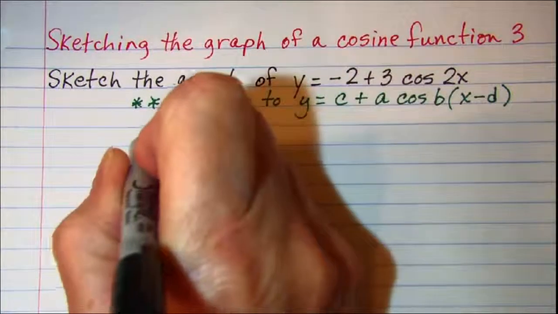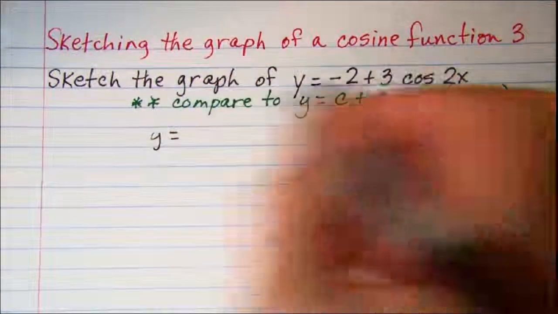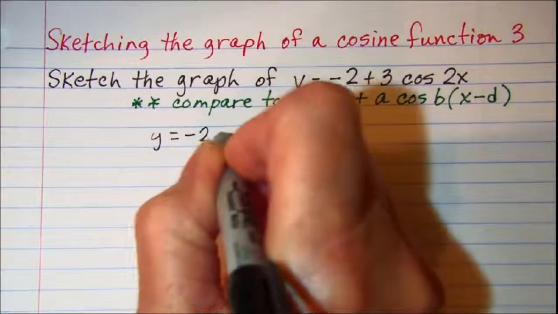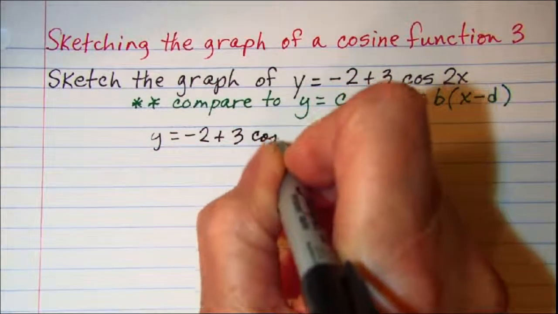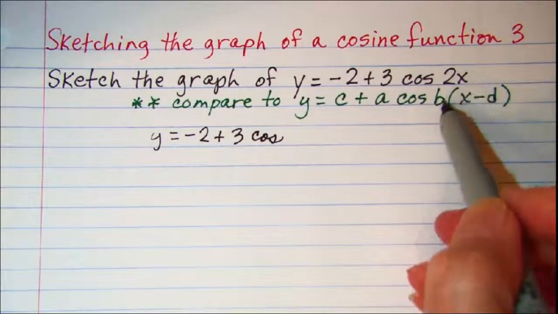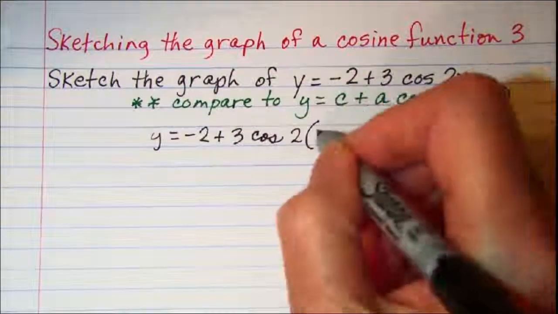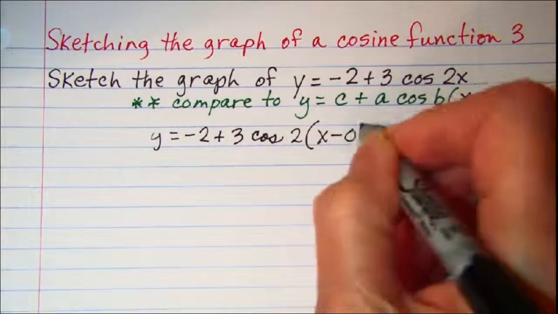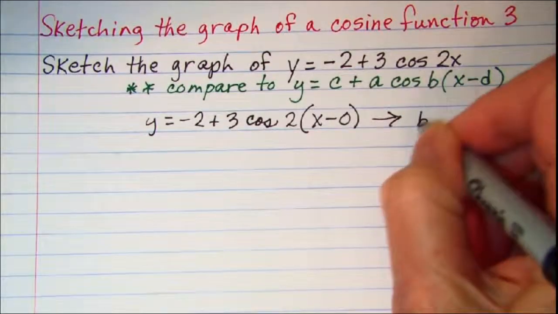So my equation rewritten is y equals -2 plus 3 cosine, and then my coefficient of x is my b value, and I can write the x minus 0. So this gives me a b value of 2.